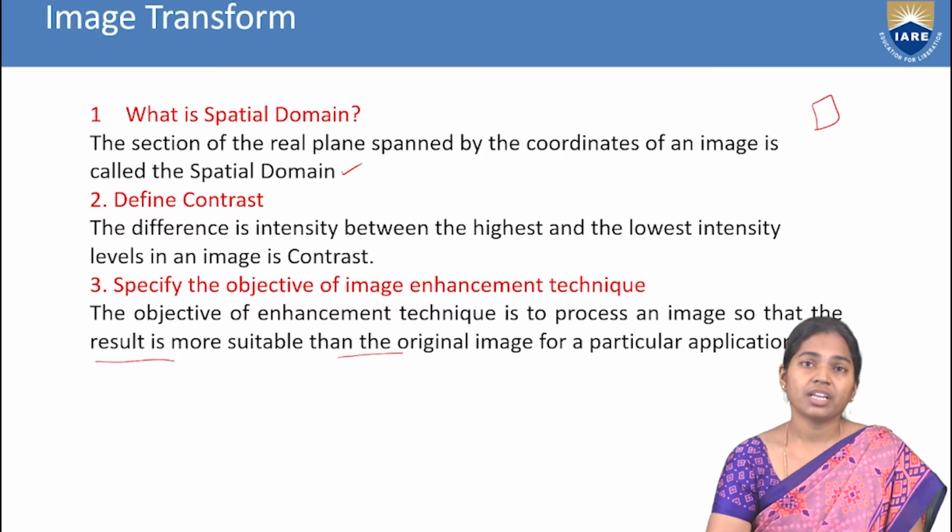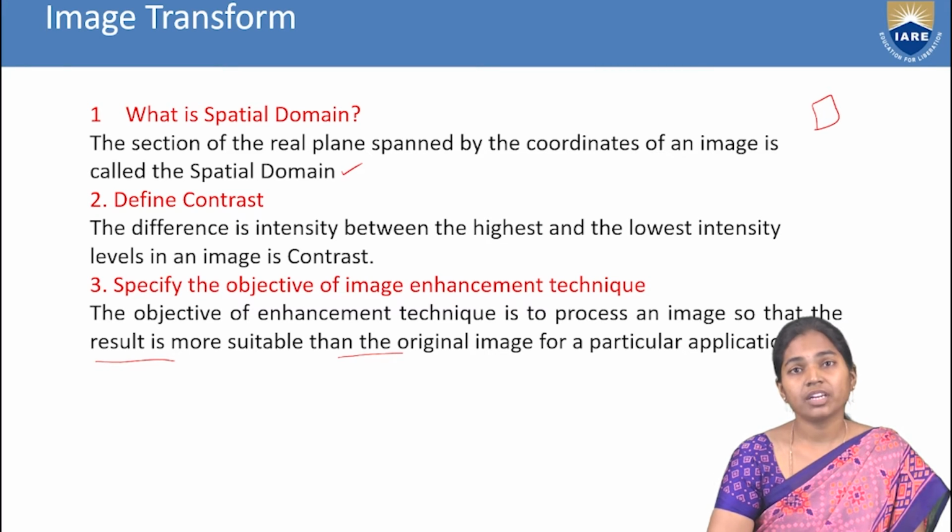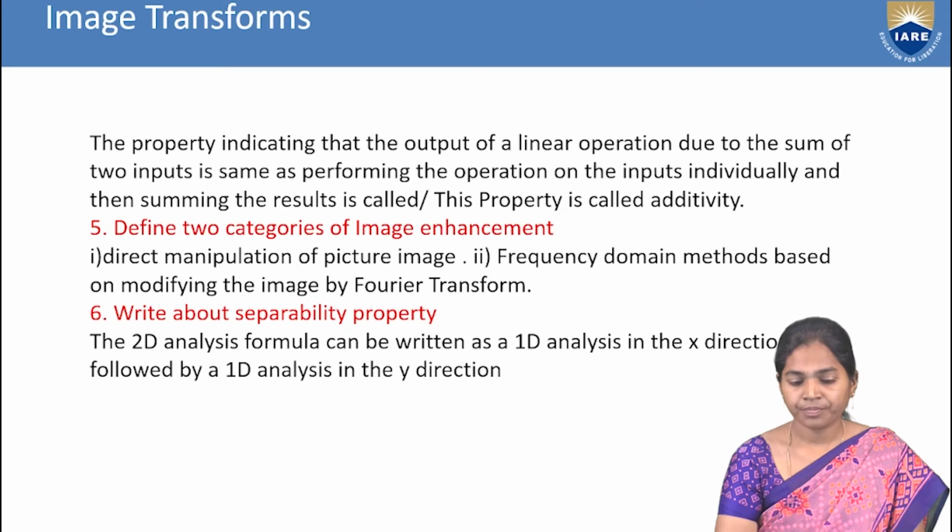For this image enhancement we have different types of techniques, and based on our requirement we apply any one of them. To increase the contrast of an image we have different types of filters, and with the histogram technique we can increase the image quality.